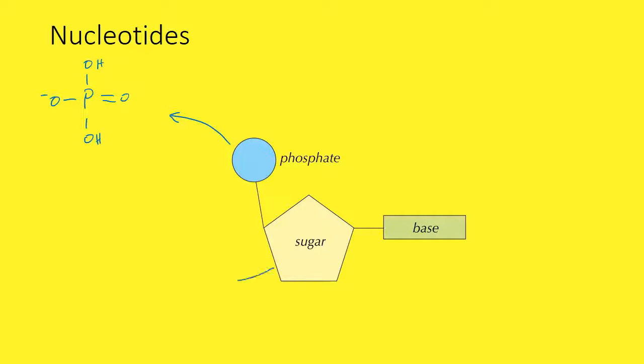Let's now have a look at the sugar, and this is a pentose sugar. You can see the pentagon shape there. And there's 5 carbons. Although when we draw it out in structural format, there's an oxygen atom at the top of the pentagon. That's bonded to a carbon atom, carbon atom, carbon atom, carbon atom, back to the oxygen.